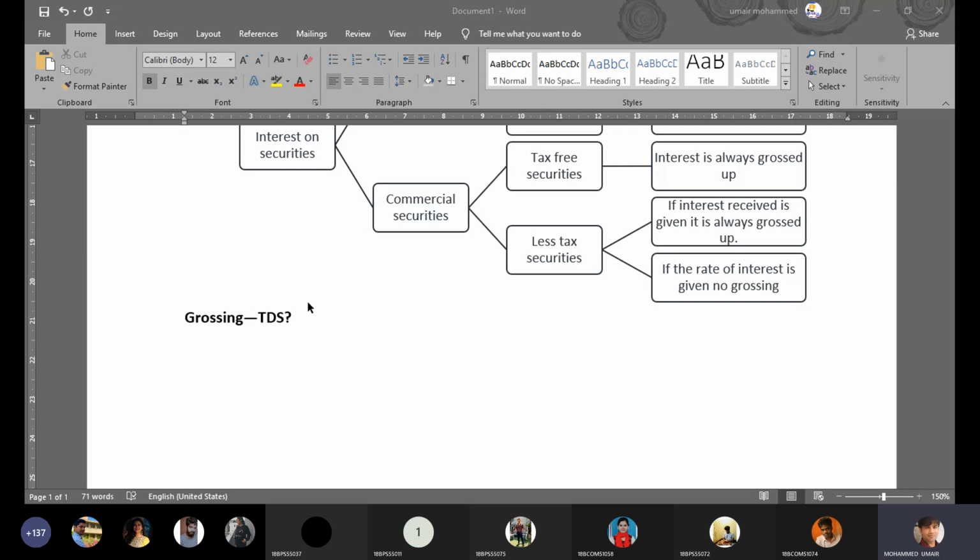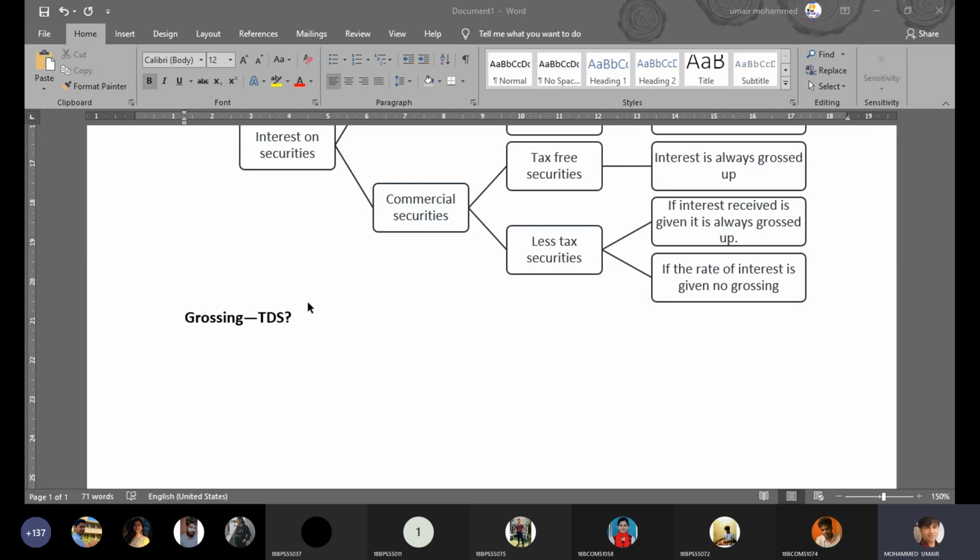If it is a tax-free bond, whatever interest I'm getting, 7,000, I need not pay any tax on that because it's exempt. But when I say less tax government bonds, it means that on the income the government is giving me, 7,000, the government will not deduct TDS. It is my responsibility to calculate tax on that, and at the time of filing my returns I should pay tax on the interest I have earned.